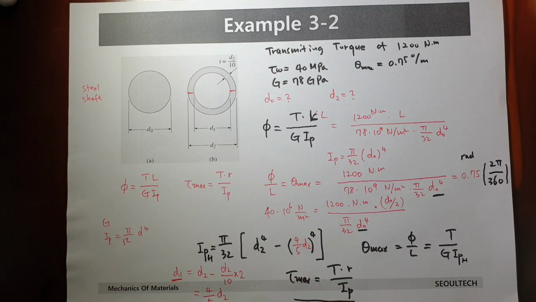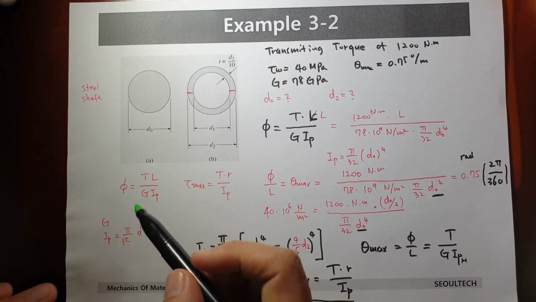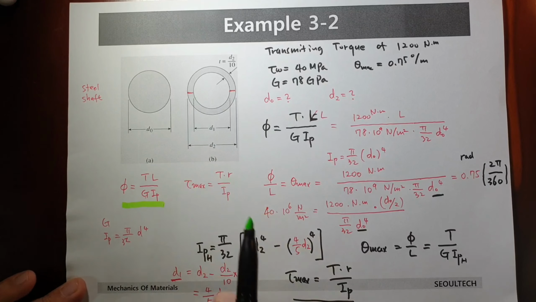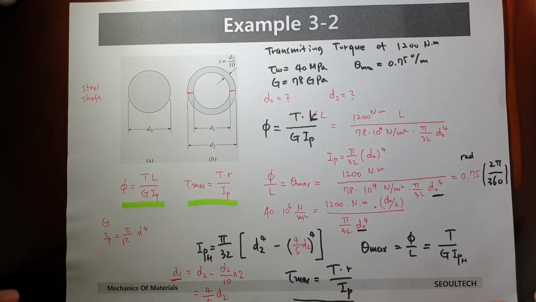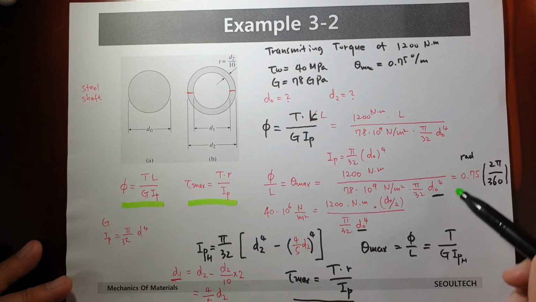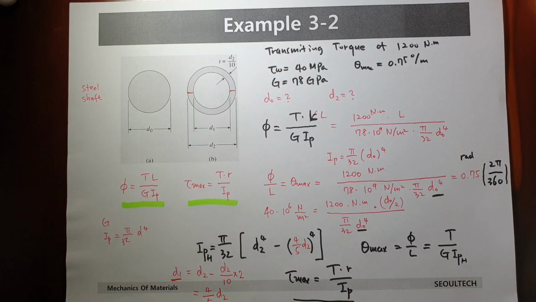Okay, in this example, you can apply this one and the tau max relationship. And the key point is to find which one is the worst one. Then you can compare both of them, and finally you can select one of them.